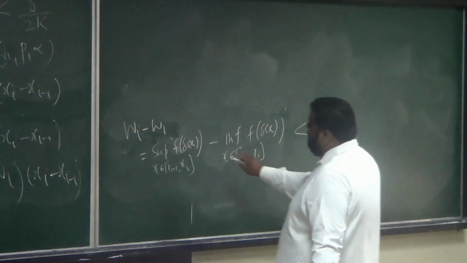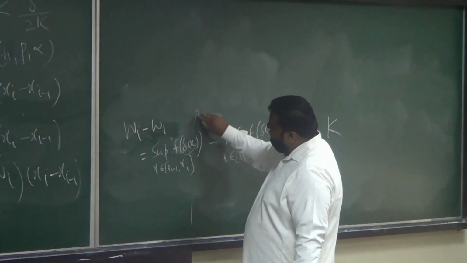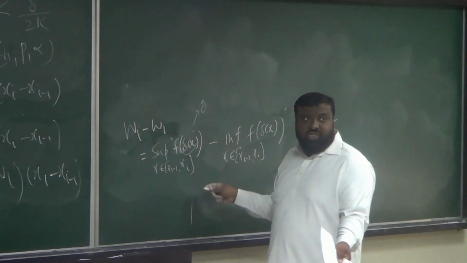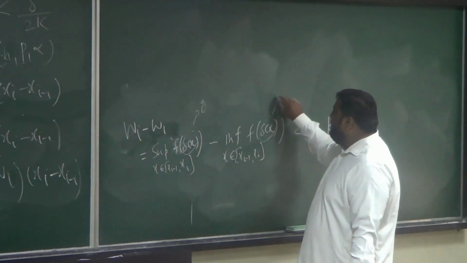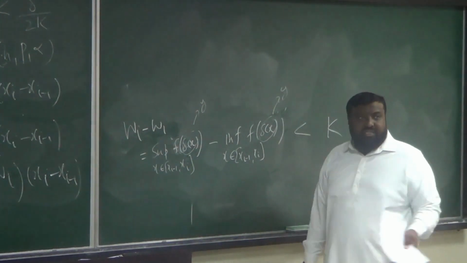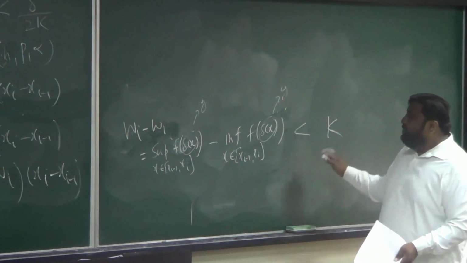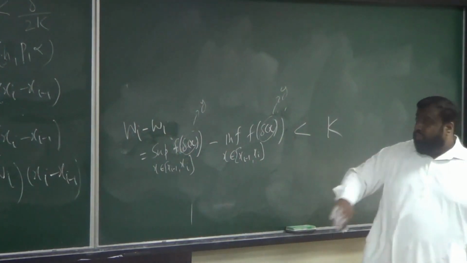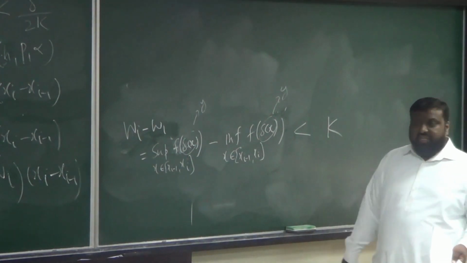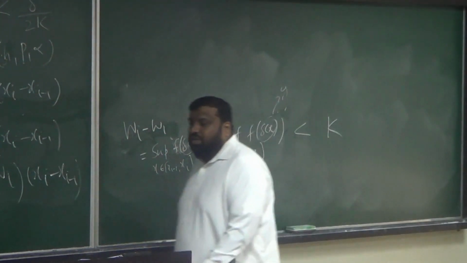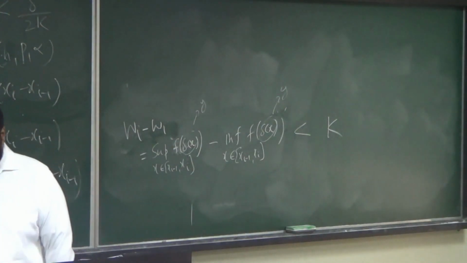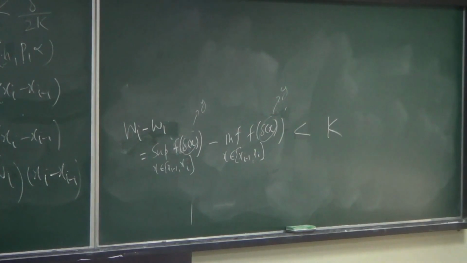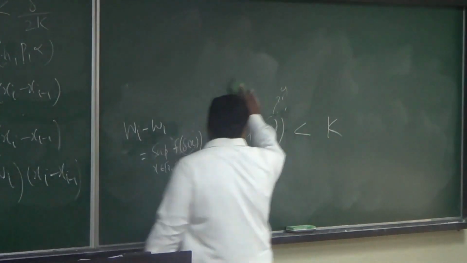So I can treat this as some point in C to D. Since K is bigger than all such points, it's in particular bigger than this difference as well. So that's the one thing that we included.